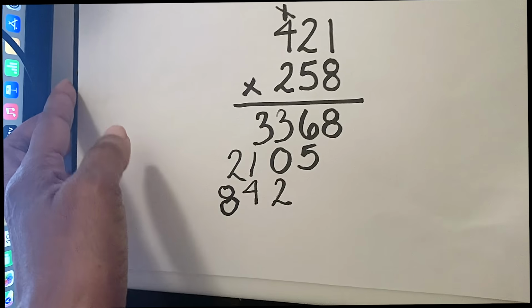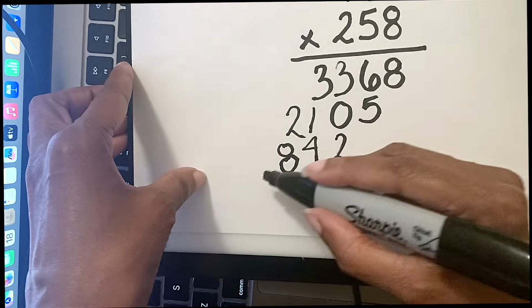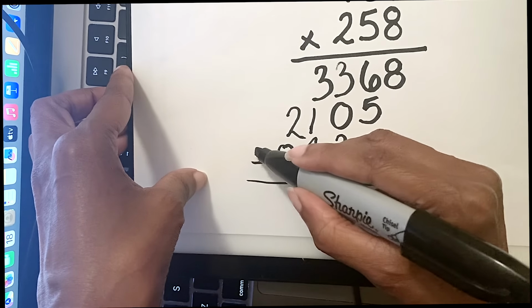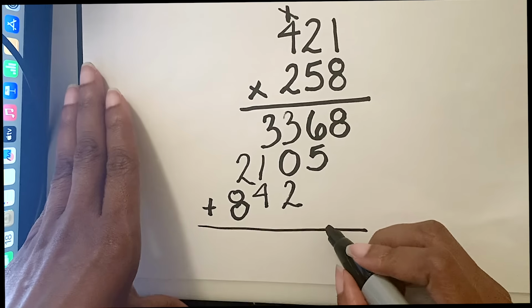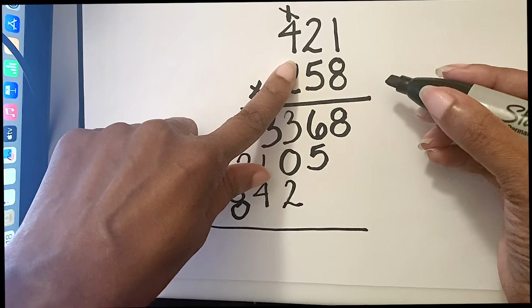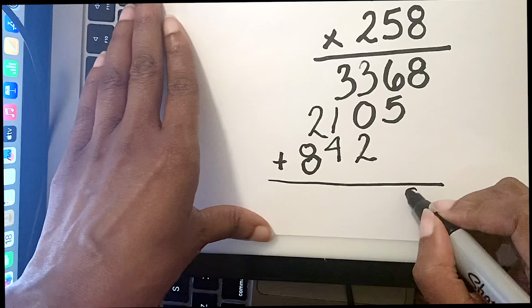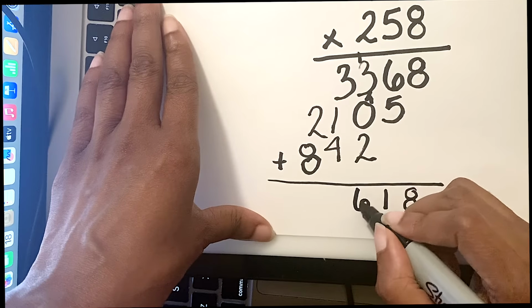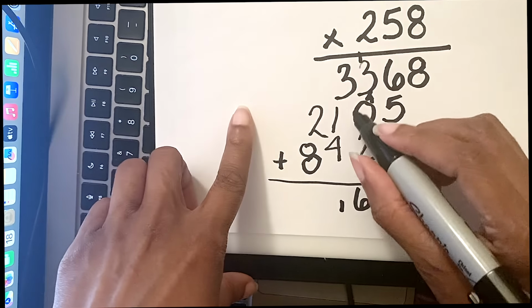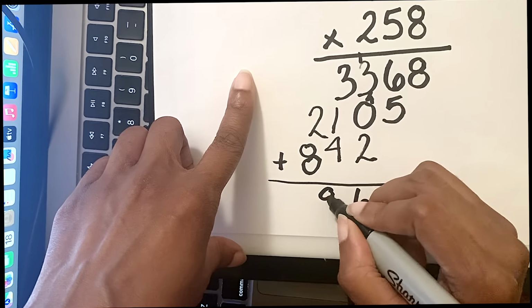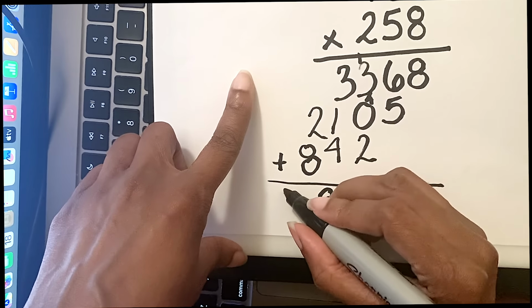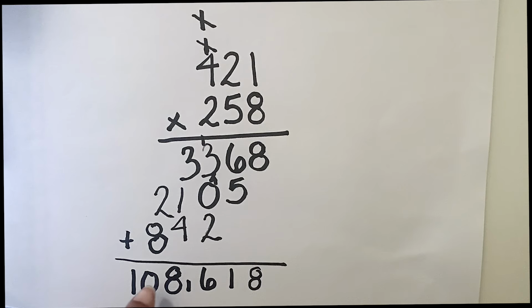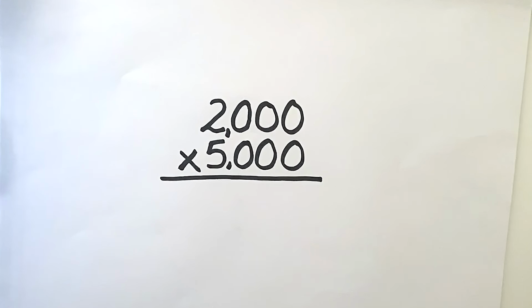Now we're ready to add it up. Okay? So 421 times 258 is 108,618.